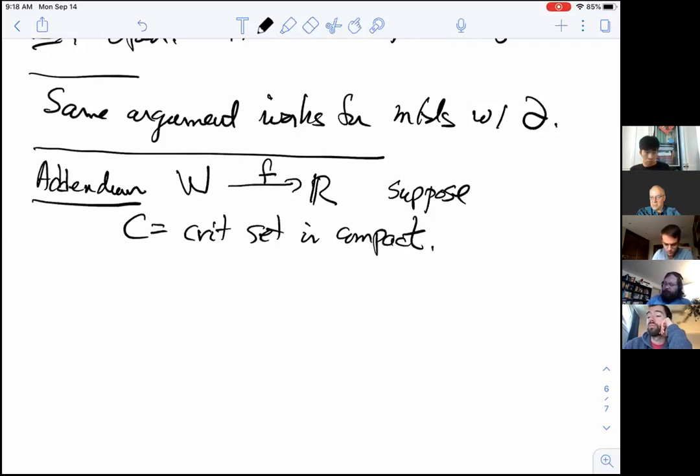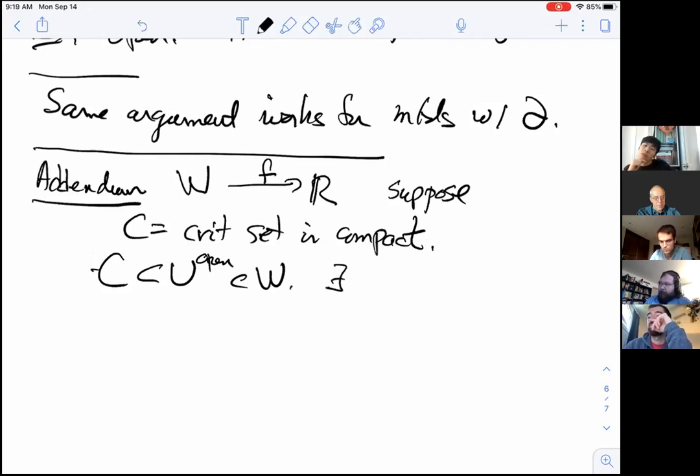Of course it's always closed, so if W were compact, this would be automatic, but in general, suppose it's compact. Then choose any neighborhood U, an open neighborhood in W, as small as you want.